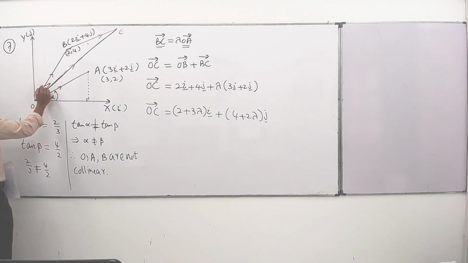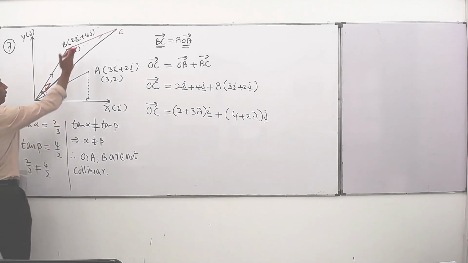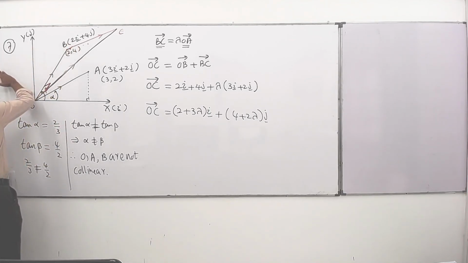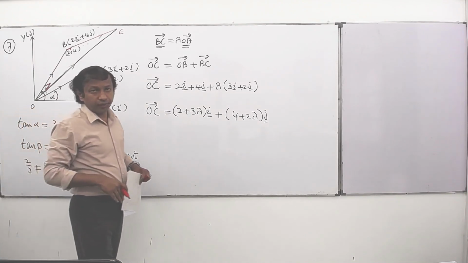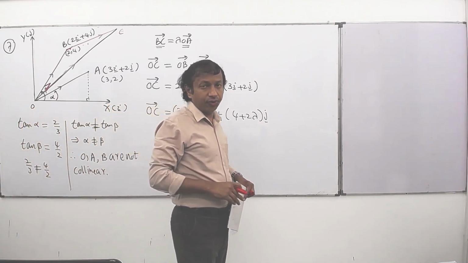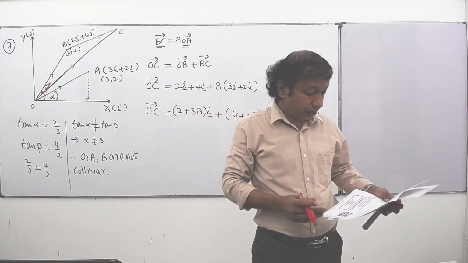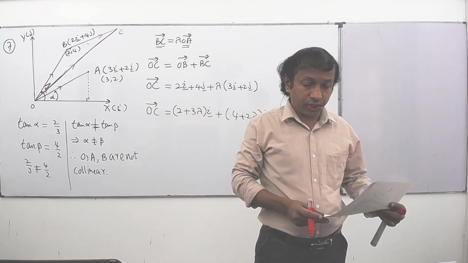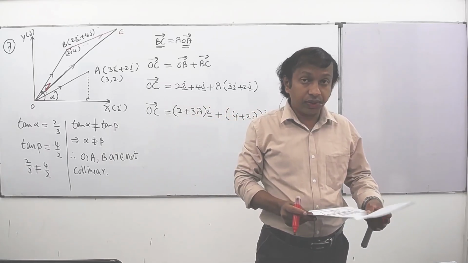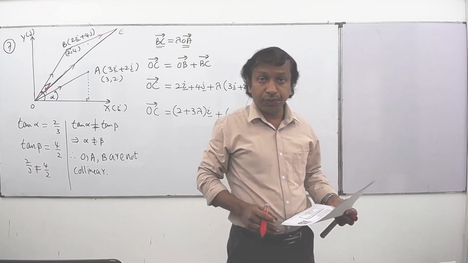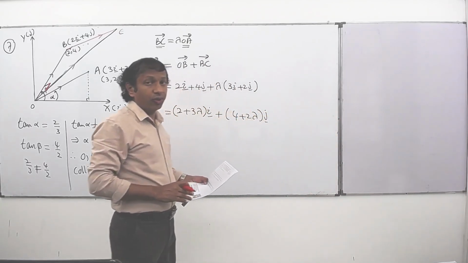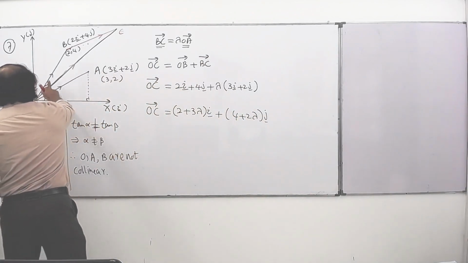In this diagram, this angle cannot be pi by 2, but it is possible if this point C lies this way with lambda negative, then that angle is possible to be 90. Then our lambda should therefore be a negative value. The answer should be negative, it is mentioned as minus 10 by 7. Otherwise, this angle will never be 90.